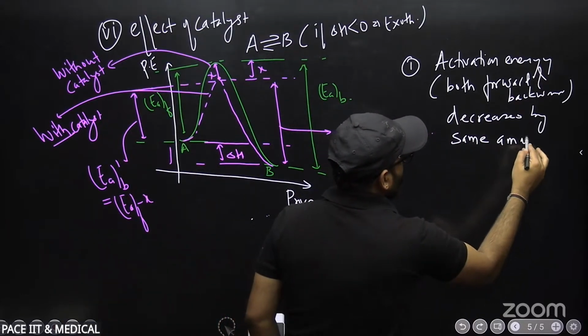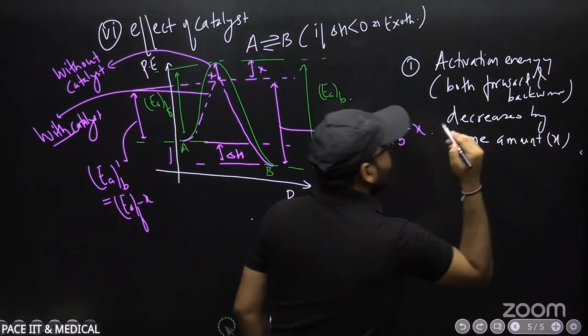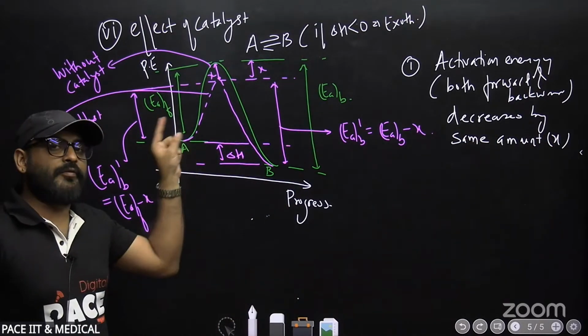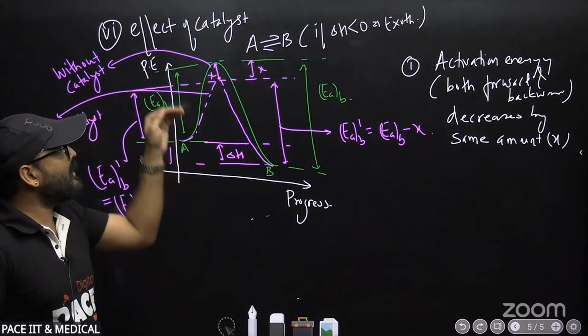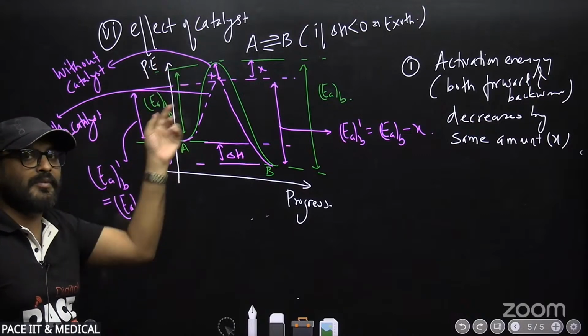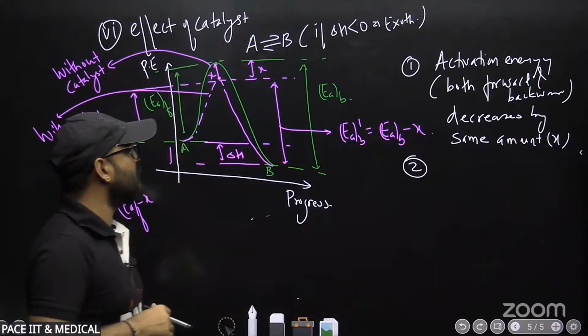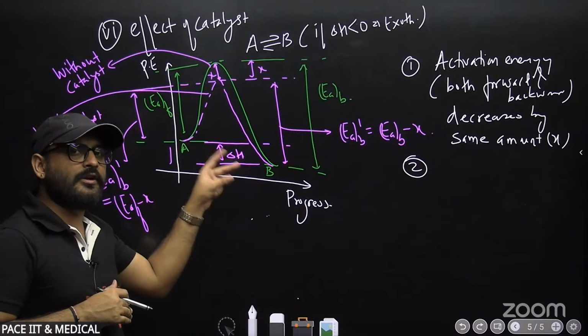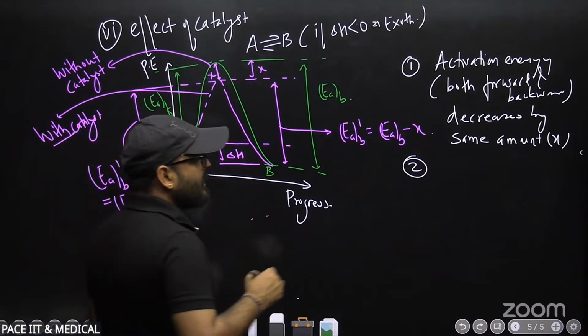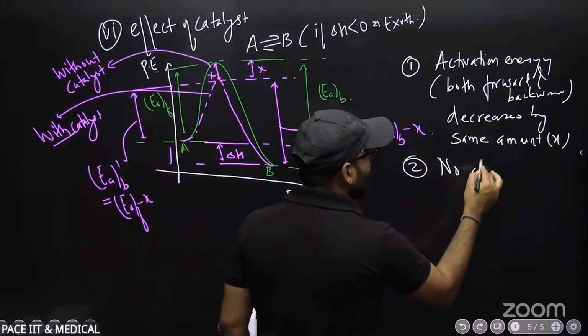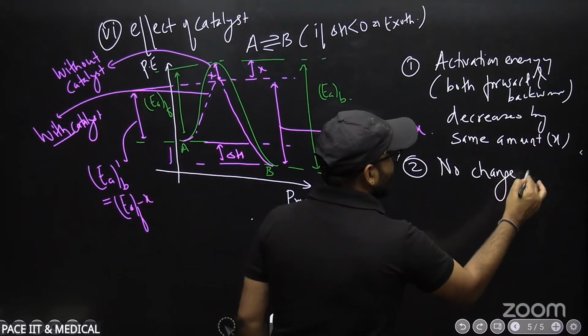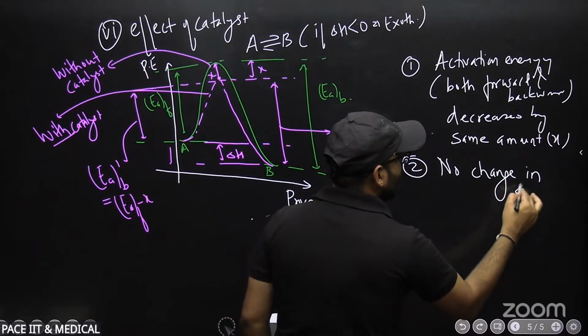What is that amount? X. Activation energy of forward direction and of backward direction both decrease by the same amount, X. As both are decreased by the same amount, there is no effect on, or no change in, delta H. No change in delta H. These are asked directly.